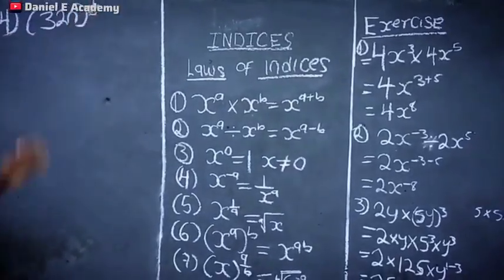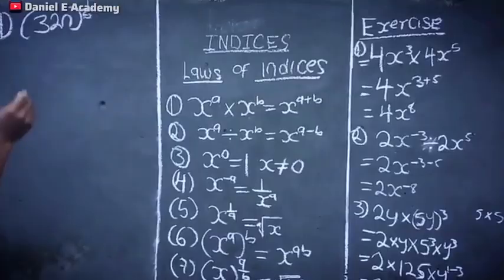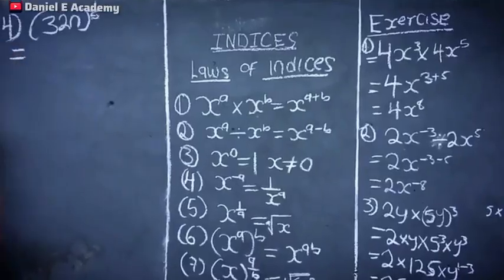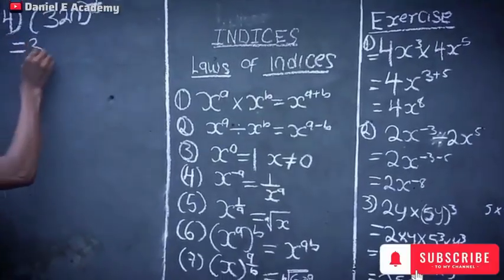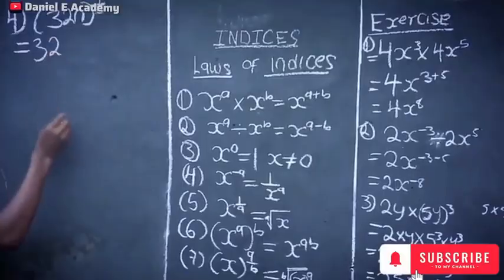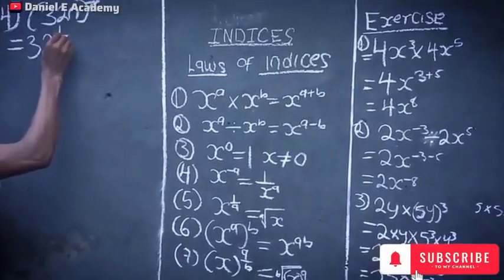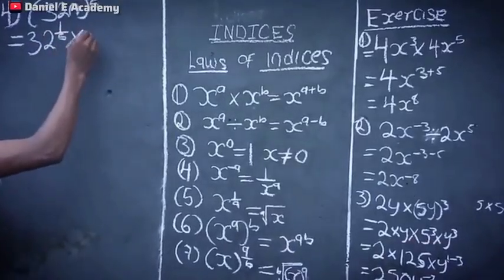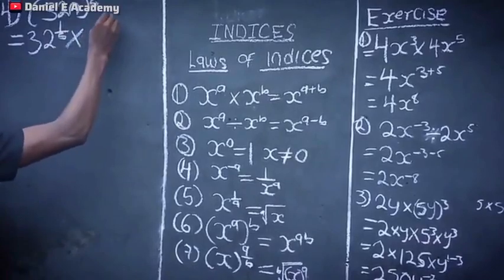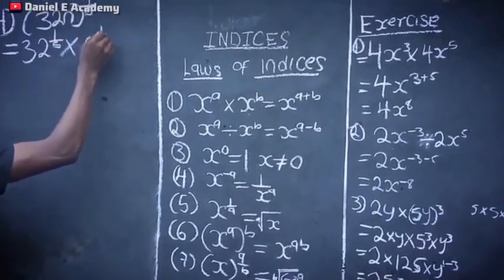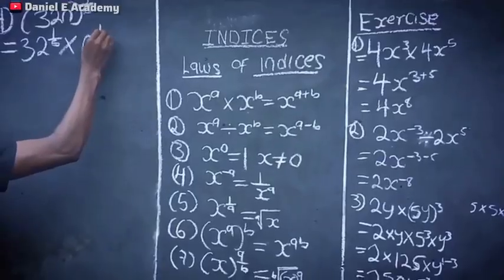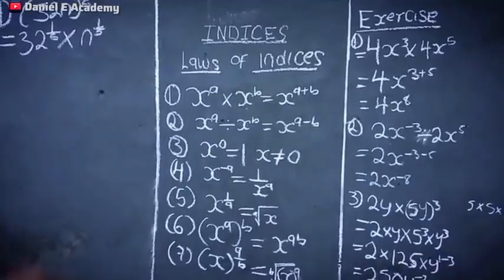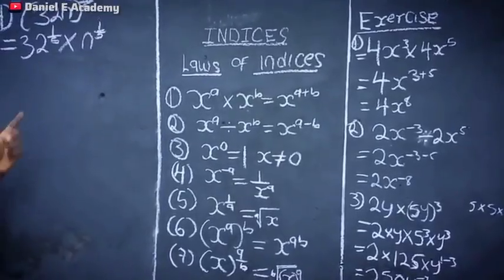This 1 over 5 affects everything in the bracket. So to simplify, you just say 32 power 1 over 5 multiplied by n power 1 over 5. So, 32 power 1 over 5.